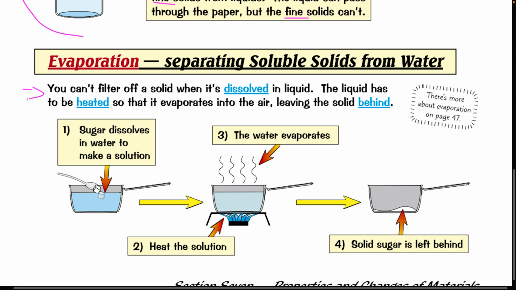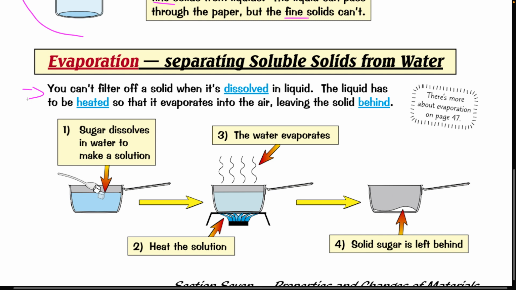Dissolve. Dissolve. Dissolved. So again, you can't filter off a solid when it's dissolved in liquid, and the liquid has to be heated. I mean, has to be hot, so that it evaporates into the air, leaving the solid behind.